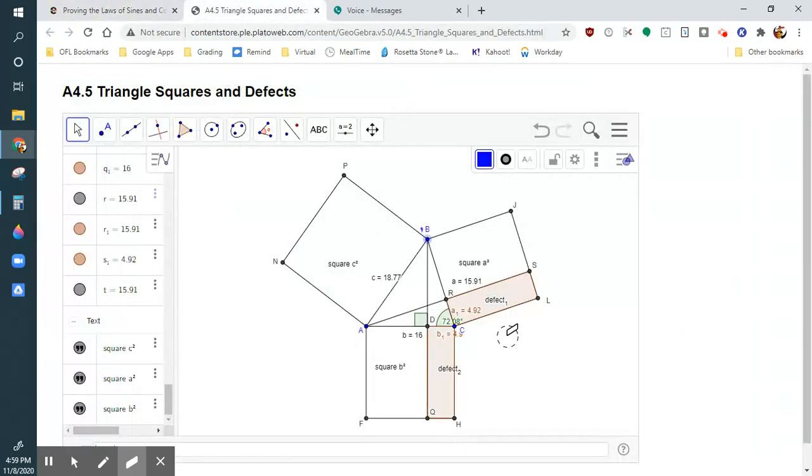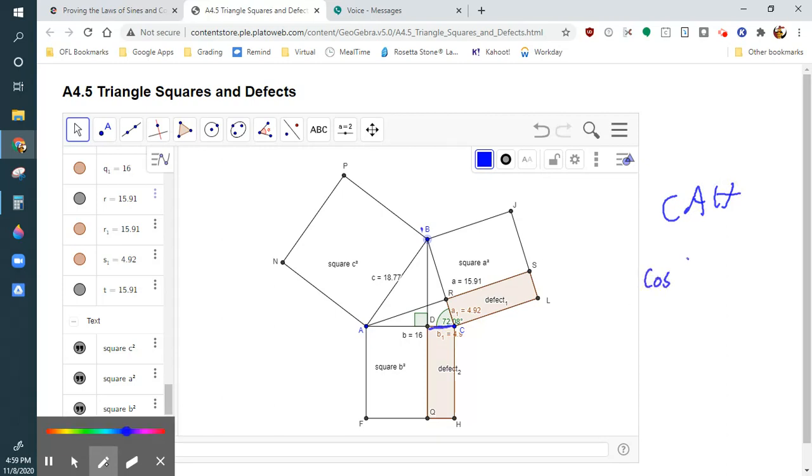So let me explain that a little more. First of all, remember SOHCAHTOA. So CAH, adjacent over hypotenuse. They want us to do this. So they're saying cosine of C equals our B1 over this entire side right here, which is our A. But we want to solve this for B1.